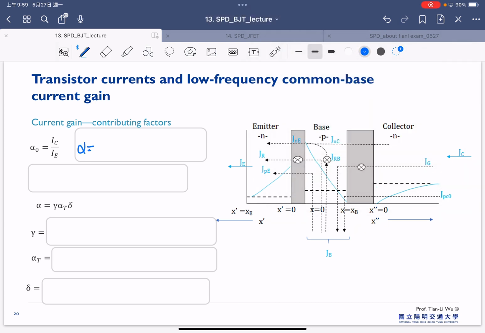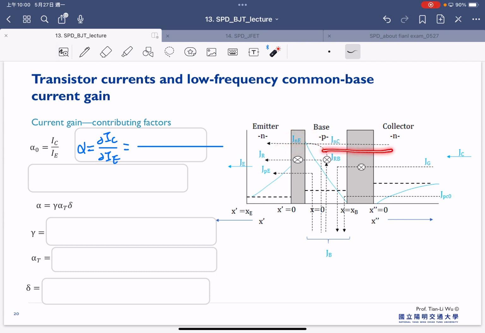So we have alpha, which is equal to the collector current versus the emitter current. Now we just have to understand where the collector current is. As we already said, in the forward active mode, electrons flow from the emitter to the base, and that's JNE.